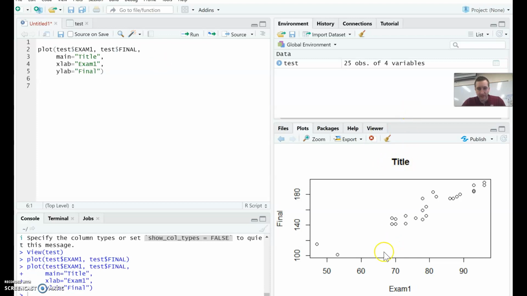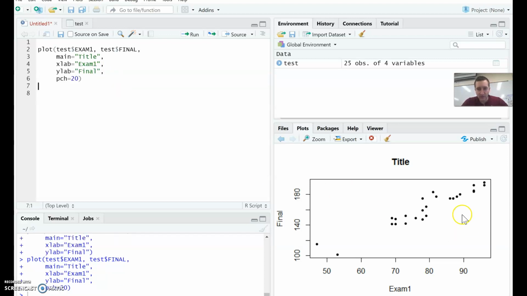There you see, boom, title, exam 1, final. Let's turn these little open circles to filled in circles with PCH 20. I personally think that looks a lot better. Let's change the color. This is where you saw where I had changed it to Sienna 2. Let's try Sienna 3, see if that looks any different. Sienna 2 is better. Plus, we don't want to have Sienna have a third bout of COVID.